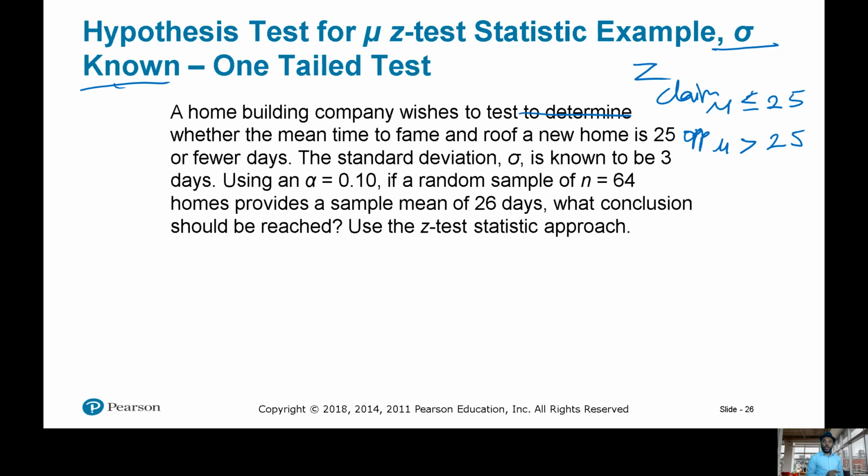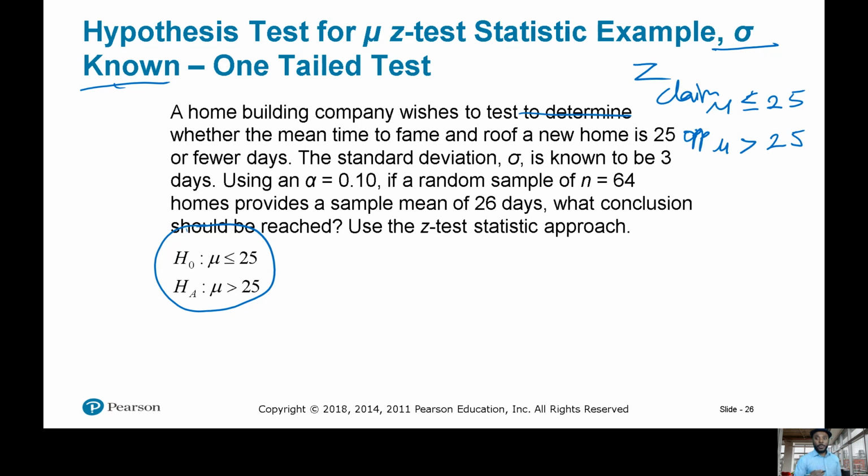Which means our null hypothesis would be mu is less than or equal to 25, and our alternative hypothesis will be mu is greater than 25. Exactly. So with these, we know that we'll be conducting a right tail test.